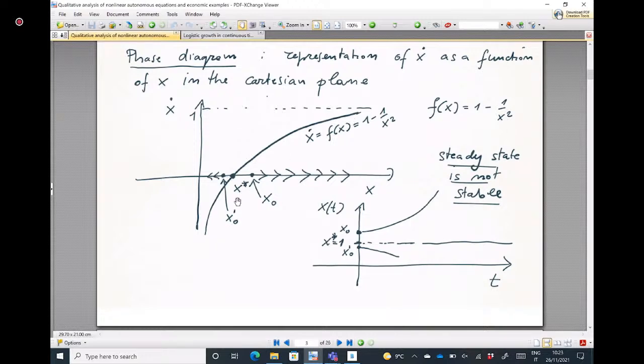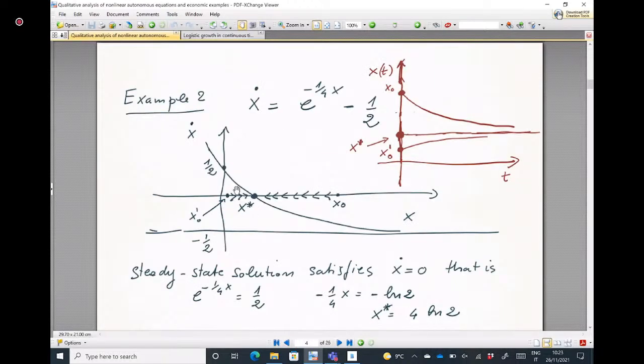So basically, let's limit our consideration to monotonic functions, okay? If it is increasing, the steady state will be unstable, if it exists. If it is decreasing, our steady state will be stable. So this is the main insight from the graphical analysis.